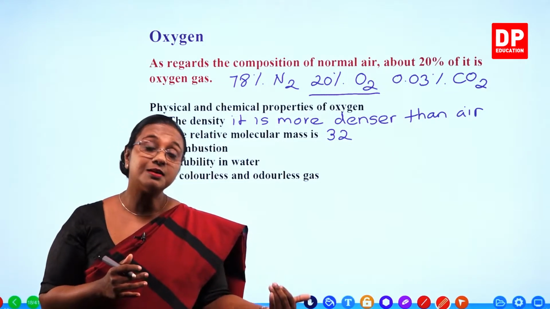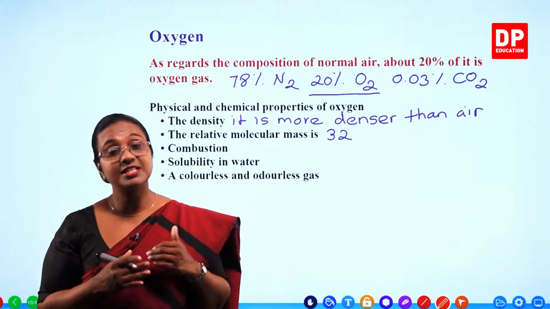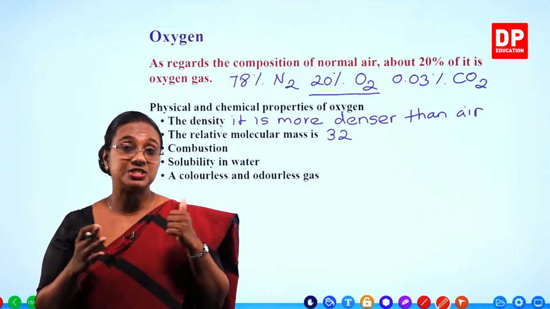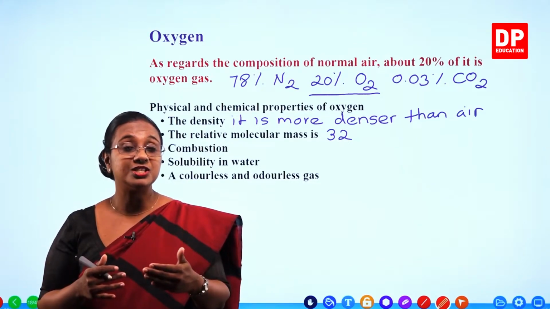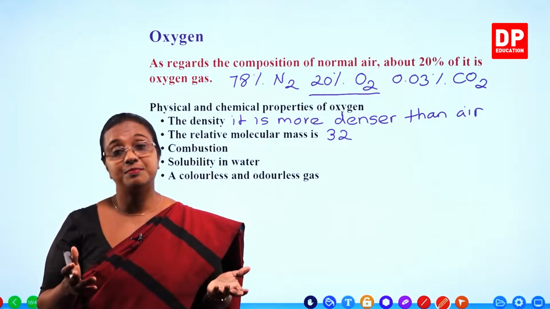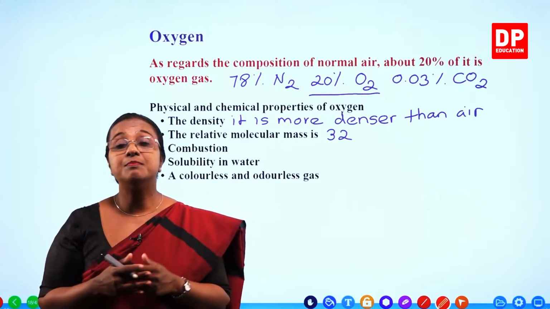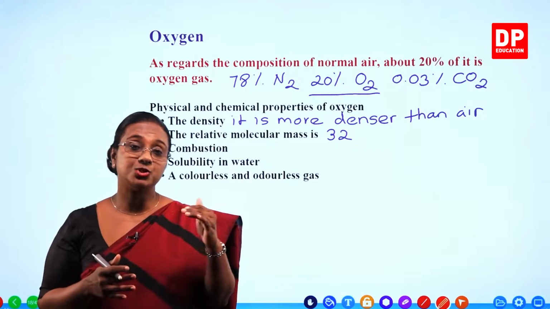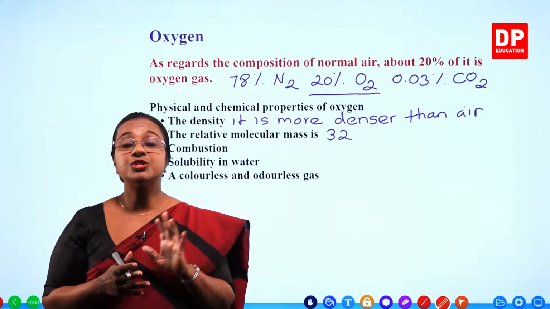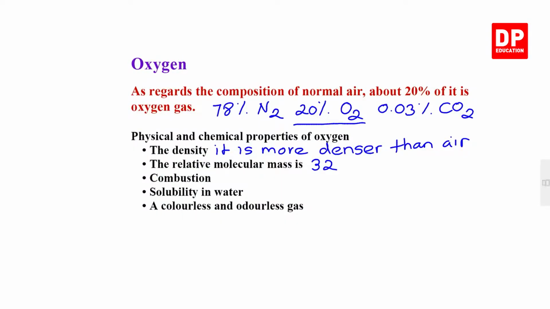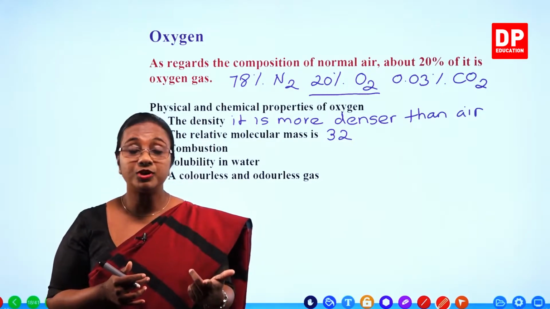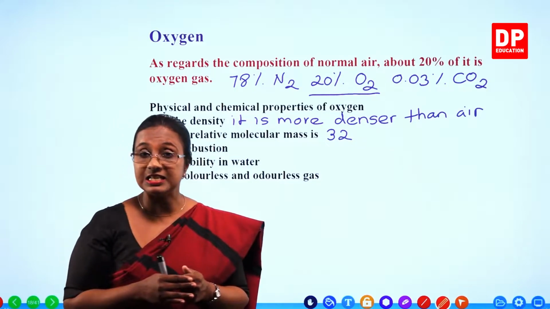Then when the combustible substance and oxygen, the supporter of combustion, are there, we need to reach the combustible temperature or the ignition temperature. Then only the combustion will start. So there has to be a certain temperature. Those are the things that we need for combustion to take place: combustible substance, supporter of combustion and the ignition temperature.